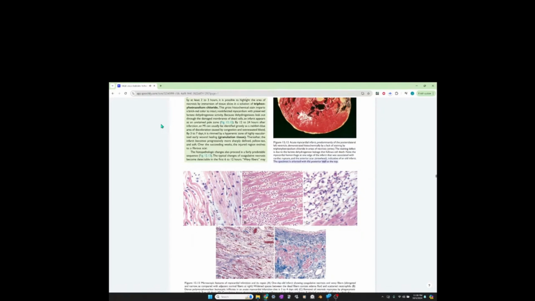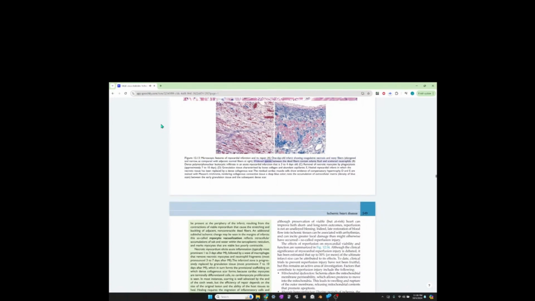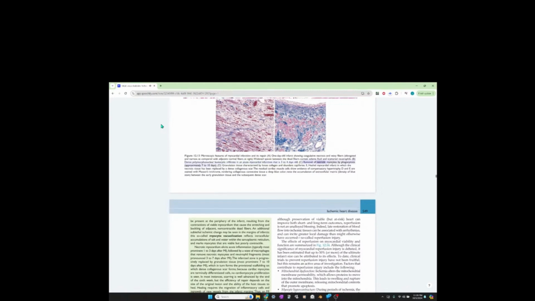Figure 12.13: Microscopic features of myocardial infarction and its repair. A, One-day-old infarct showing coagulative necrosis and wavy fibers. B, Widened spaces between the dead fibers contain edema fluid and scattered neutrophils. There is a polymorphonuclear leukocytic infiltrate in an acute myocardial infarction that is 3 to 4 days old. C, Removal of necrotic myocytes by phagocytosis.